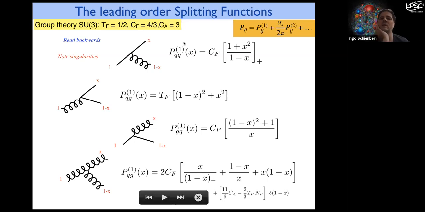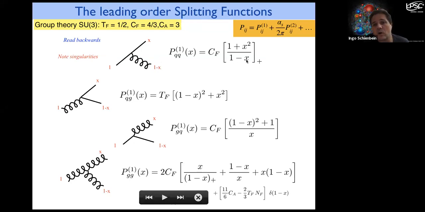Then we have, for example, the splitting of a quark into a quark. We have a quark which splits into a quark carrying a fraction x. If you calculate this within a process, you find that the result is CF (1 plus x squared) over (1 minus x) without this plus distribution, so just the regular piece.